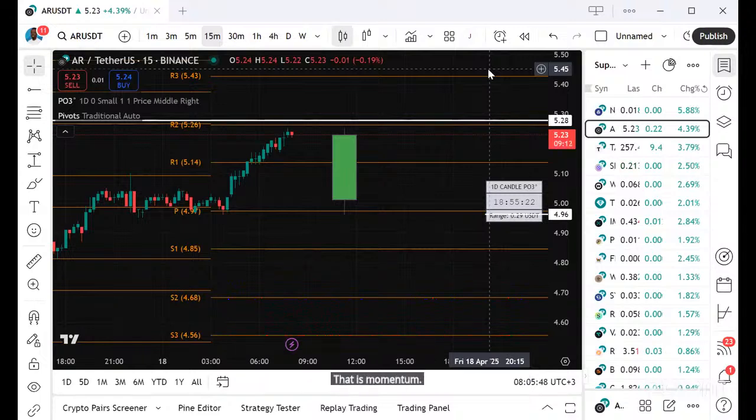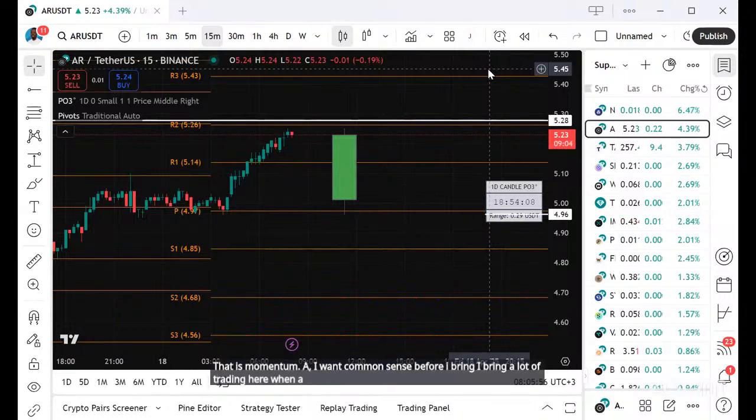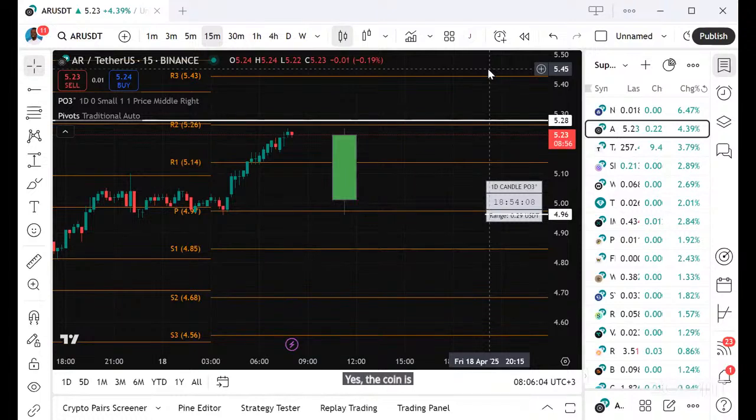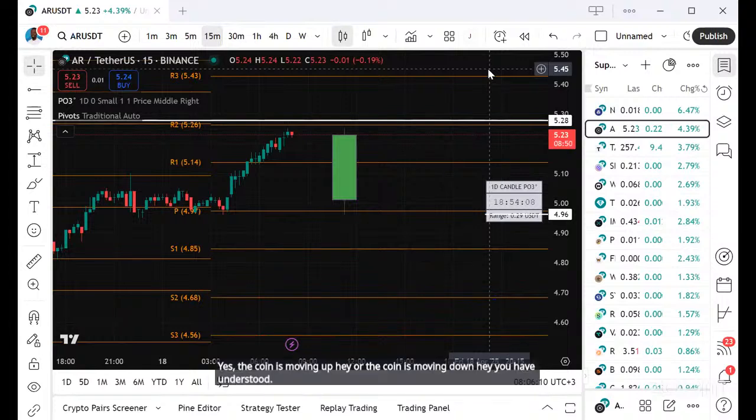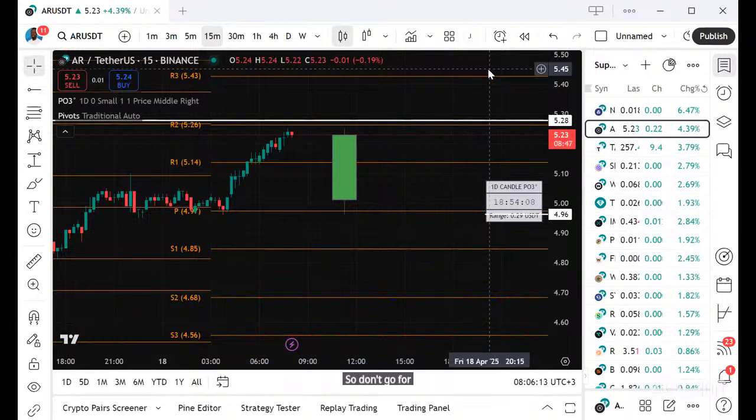I want common sense before I bring a lot of trading here. When a coin is rising at a higher speed, that coin has good momentum. The coin is moving up, or the coin is moving down. So don't go for ramshackle cryptocurrencies.